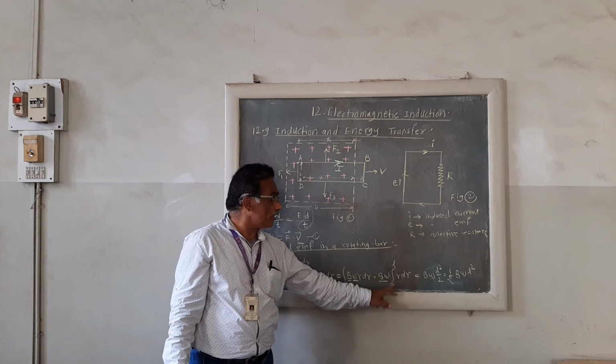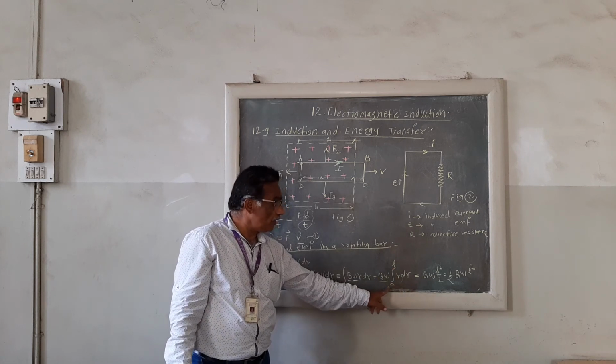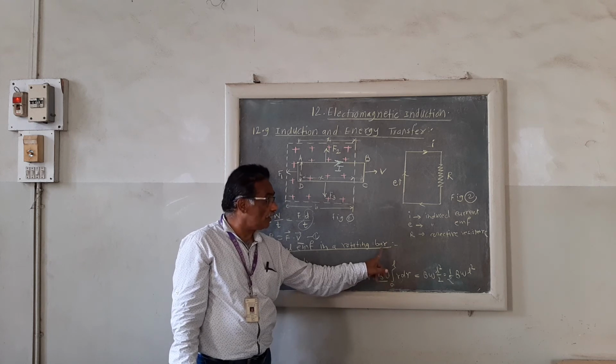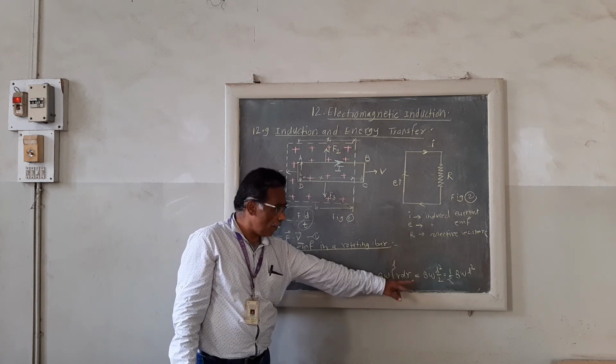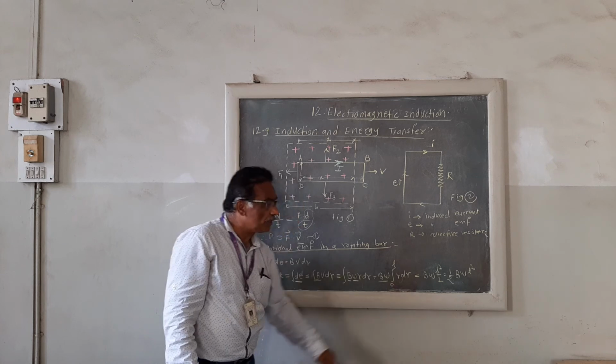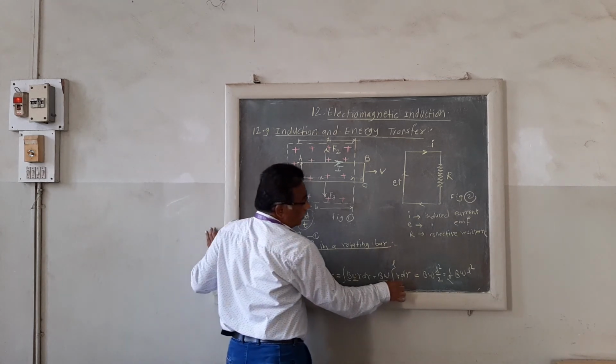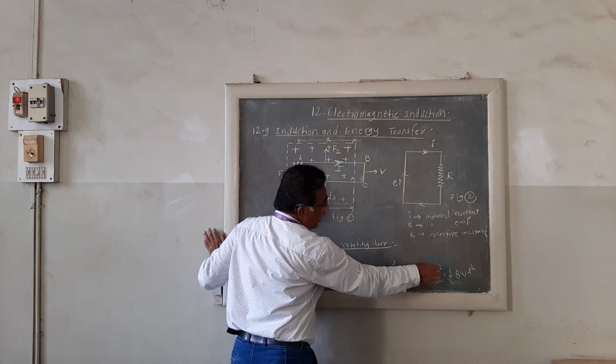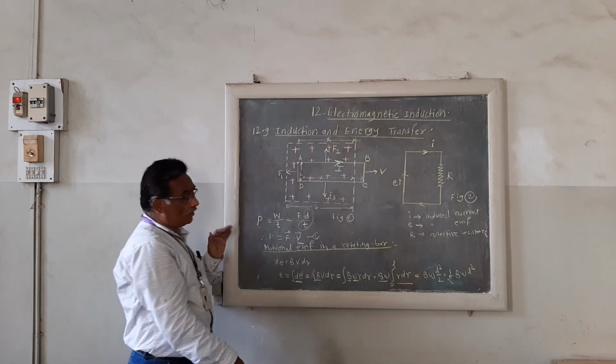B omega integration of r dr, with limits of integration from 0 to L, where L is the length of this rotating bar. If you simplify this integration, it comes out to be r square by 2, but r will have maximum value L, that means L square by 2.